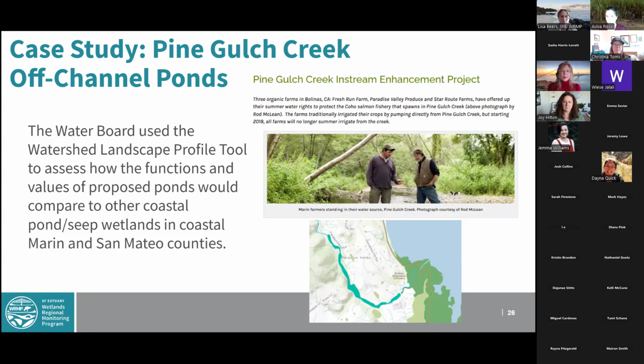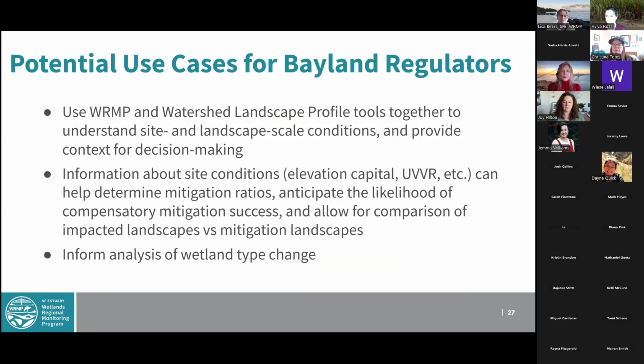Next slide, please. So some potential uses for these landscape profile tools for Bayland regulators. You can use a lot of these tools in combination with each other. The WRMP and Watershed Landscape Profile tools, you could use them together to understand site and landscape scale conditions and really provide that context for decision making.